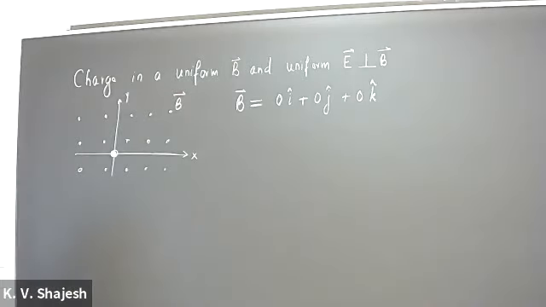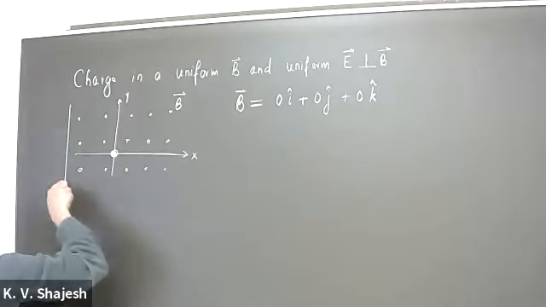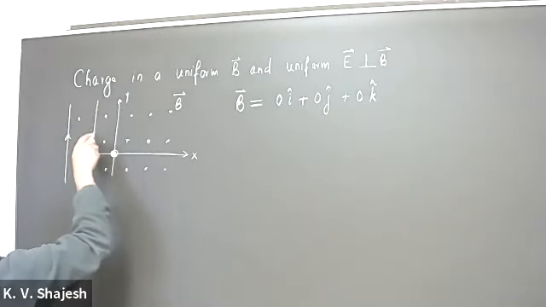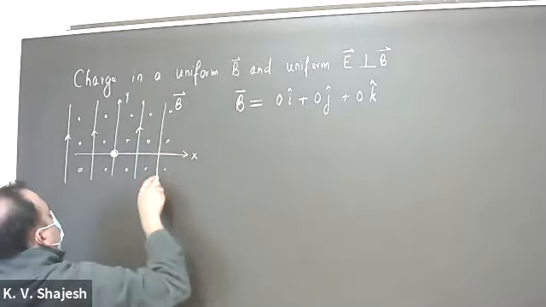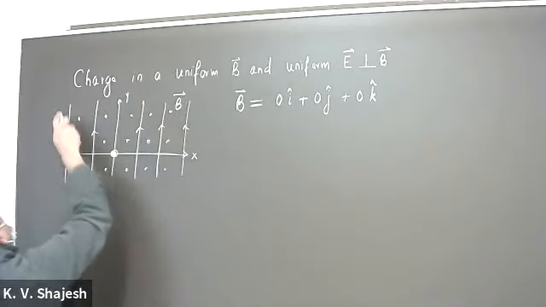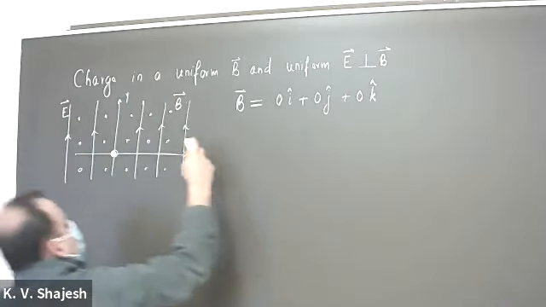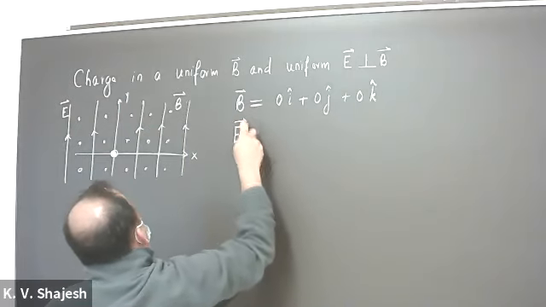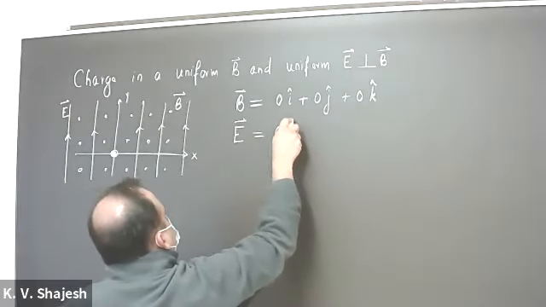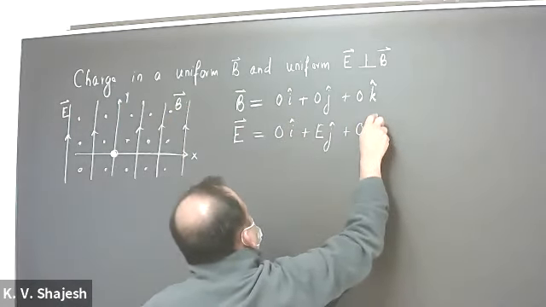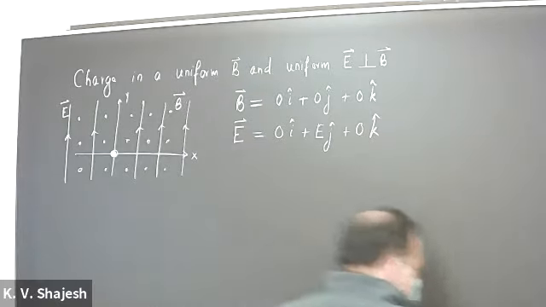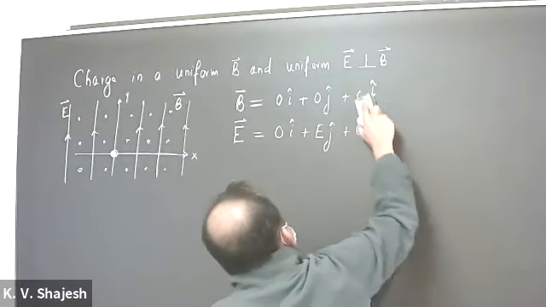I can choose either the X or Y direction, or for that matter any way, but it's convenient to choose along the axis. So that's your electric field, again uniform. It's along the J direction, the Y direction. So that's 0 i plus electric field in the j direction.